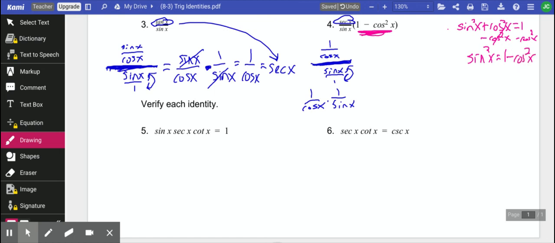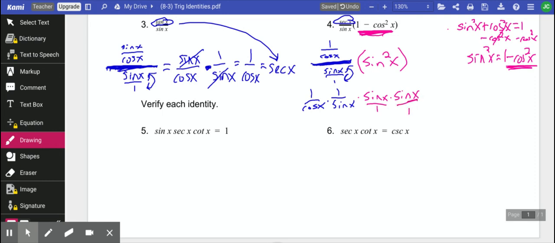Okay, so now we have this 1 minus cosine squared x, that is equal to sine squared x. So we can change this thing in parentheses to just sine squared x. Okay, so this was a form of that Pythagorean identity. So remember that sine squared x just means sine x times sine x. That's what's happening here. Those are both over 1.